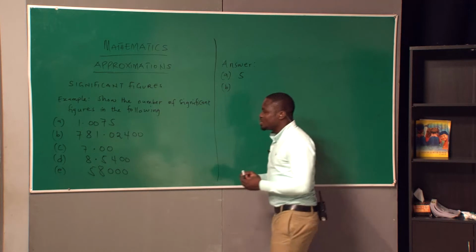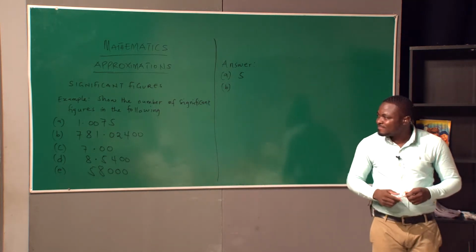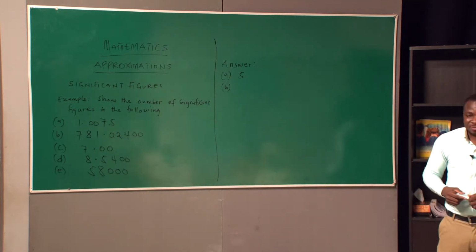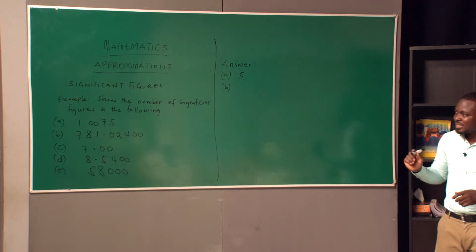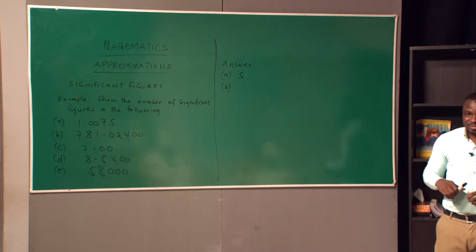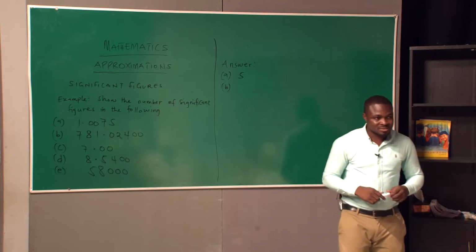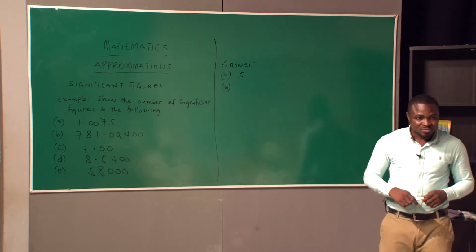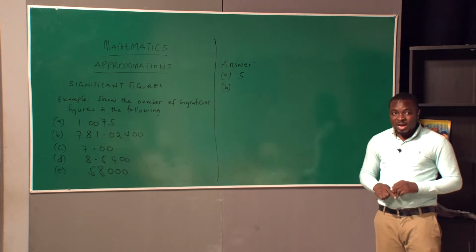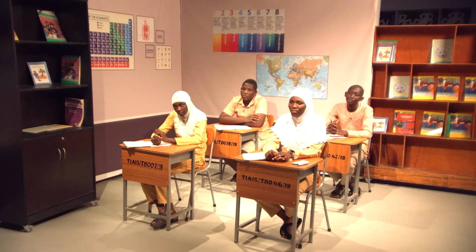Then B, let's do that together. Samira, how many significant numbers are in the second example? 8. There are 8. Okay. Asifa, is he right? Yes. Okay. So, Yakubu, are all the zeros significant? Yes, sir.